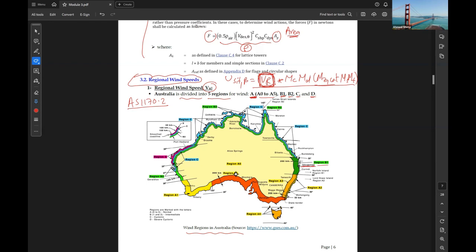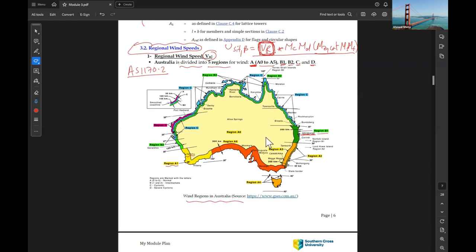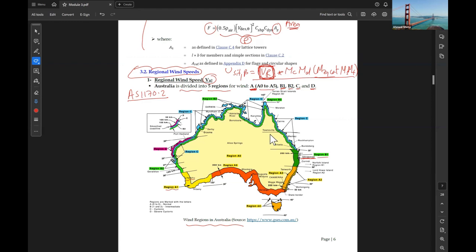Perth is A1. So depending on the location of the building, you can decide which region your building is in, and you can see that most of the inside area of Australia is A0.